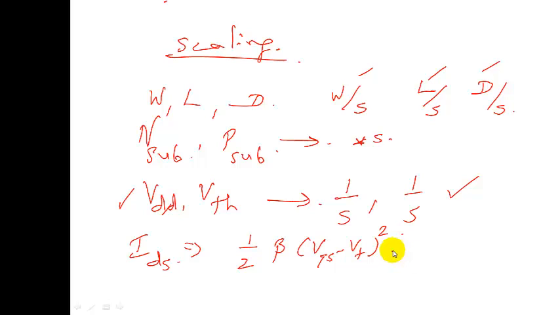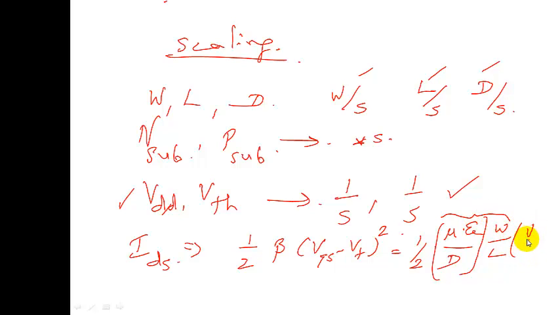Beta is determined by half of your device transconductance. So it is half of mu, your mobility, and your permittivity divided by D. This factor gives you the process transconductance, multiplied by W by L gives you the device transconductance. This is multiplied by (VGS minus VT) the whole square. That's what this is.